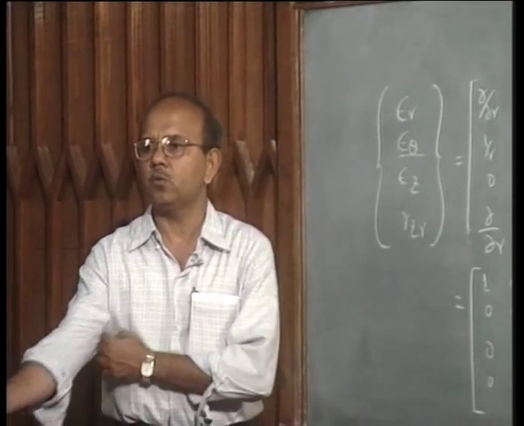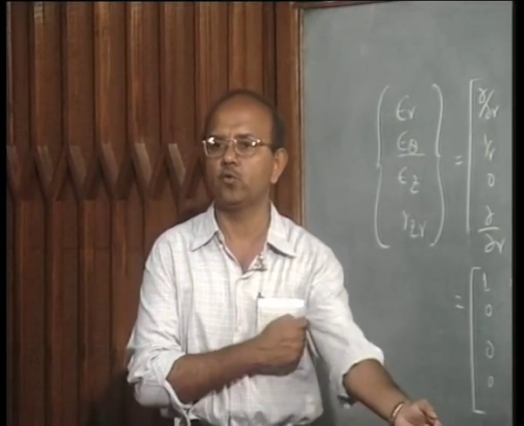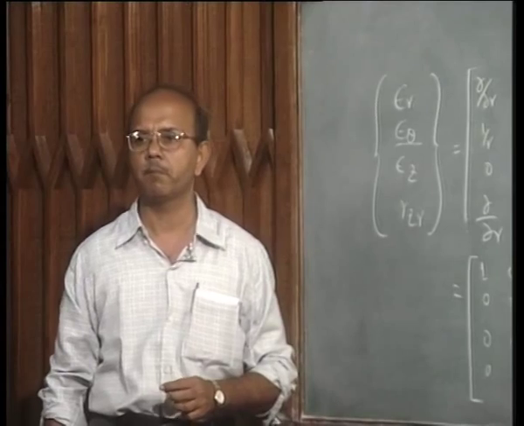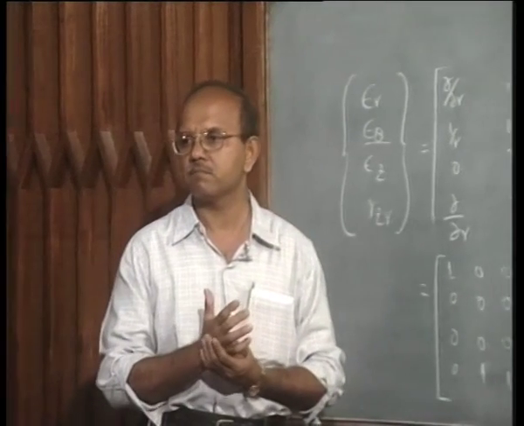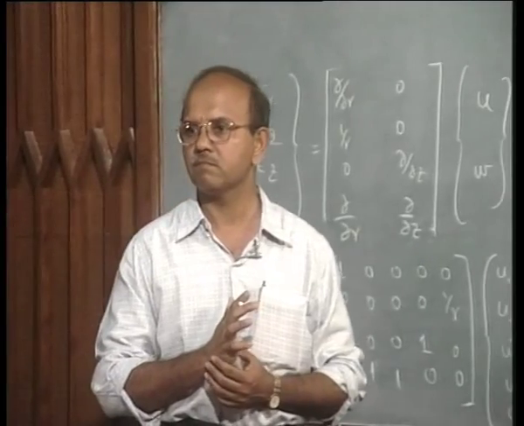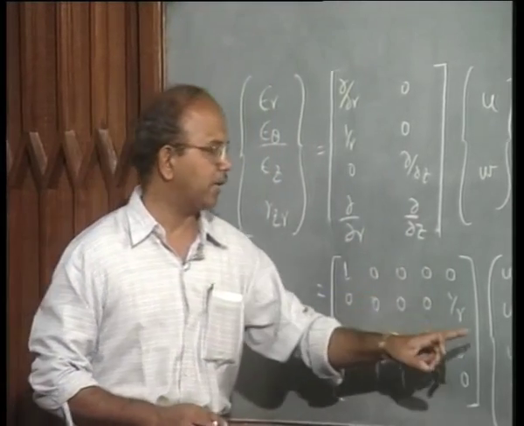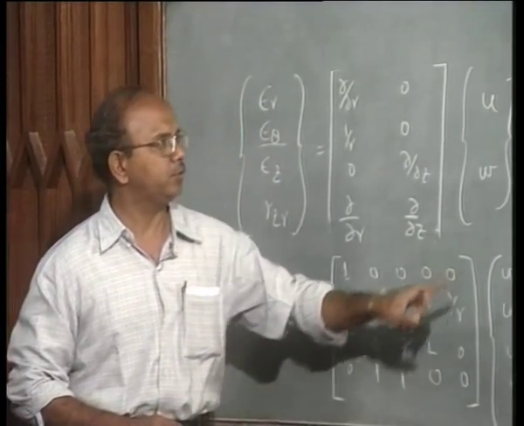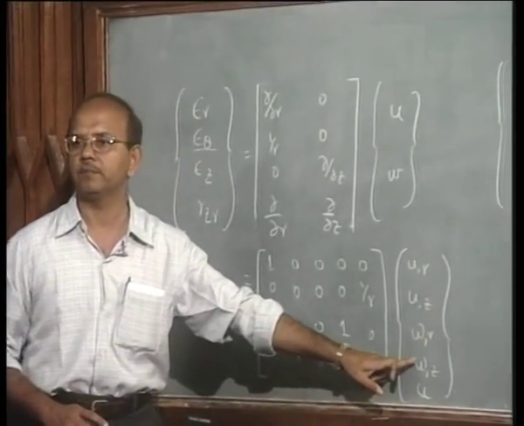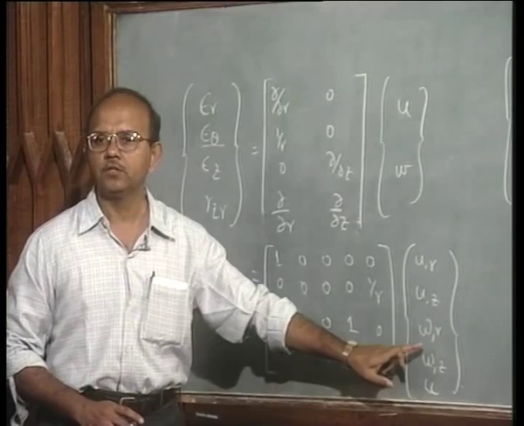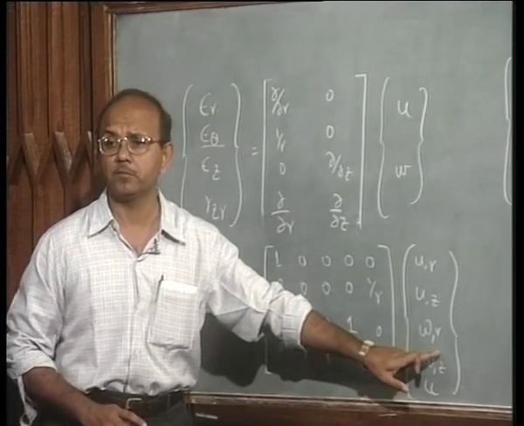Now what is now B matrix? How do you get the B matrix? You remember how we get the B matrix? Yes. Now what I do is I substitute from here onto this equation. So this I substitute on this from this equation.